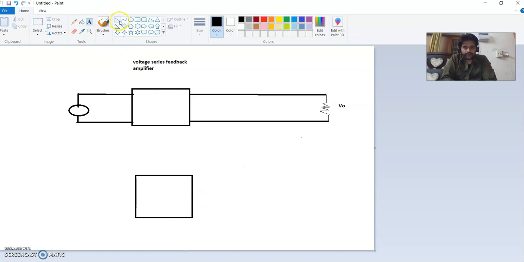I have to take the same V naught. That means I have to make a parallel path. So the positive end is connected to the positive of the feedback. That means there will be no terminals, but for your convenience, I am taking them as terminals. Let me treat one as positive and the other as negative. So positive to positive end, so I am going to connect it here.